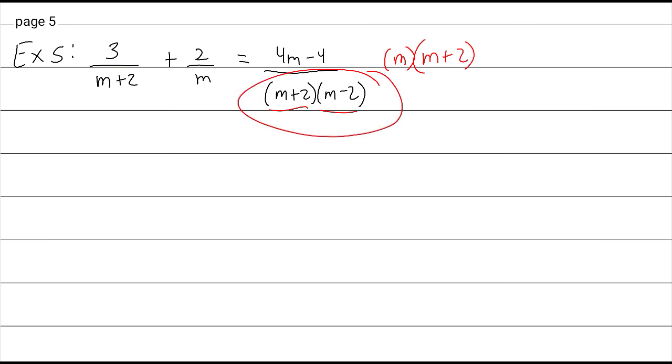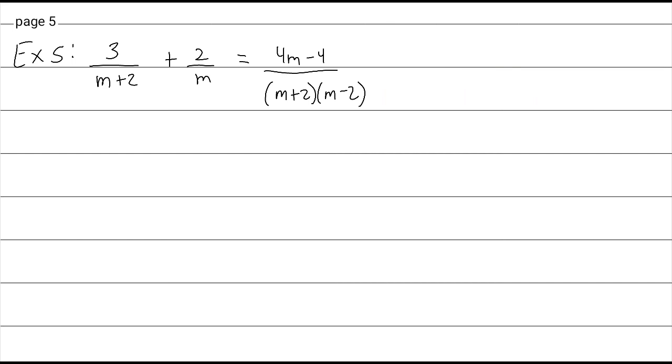Well, I already have the m plus 2, so I don't have to put that again. M minus 2, though, I need to add in. Okay, so this is going to be my common denominator. Now, the order that I put these don't really matter. I just put m first because it's only one term, so I like to put that one first. Okay, but that's my common denominator, so that's what I'm going to multiply everything by.